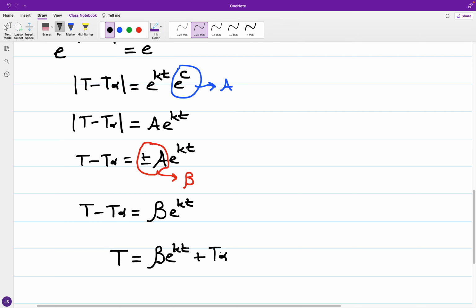So T is equal to beta times e to the kt plus T sub alpha.